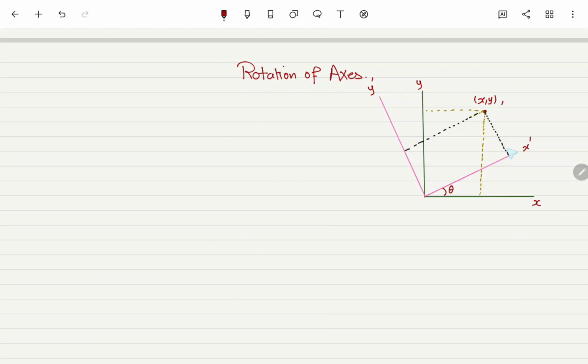The new position for this point in terms of x prime and y prime will be like this one here. Now x prime is the intercept of this point here with the new axis, which is x prime, this one here, and y prime is the intercept with the new y prime axis.